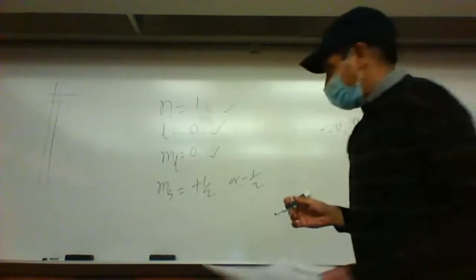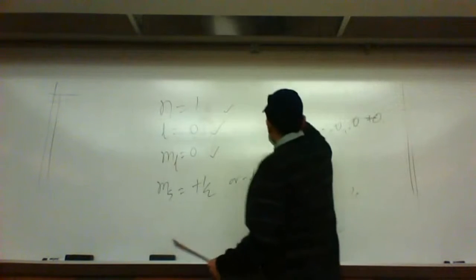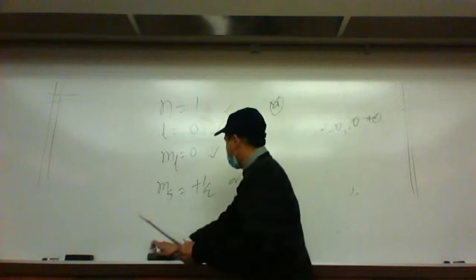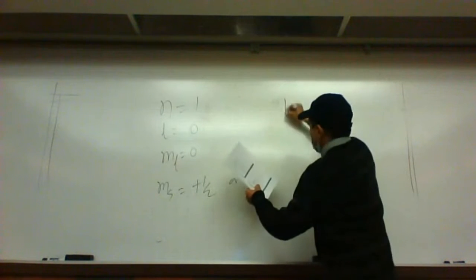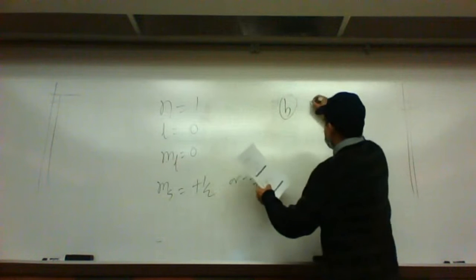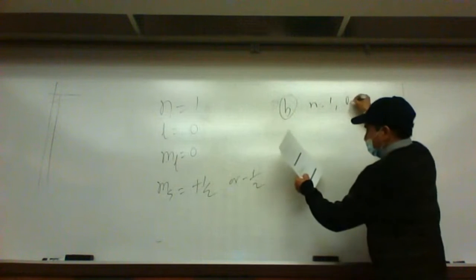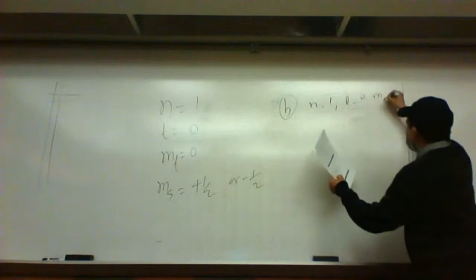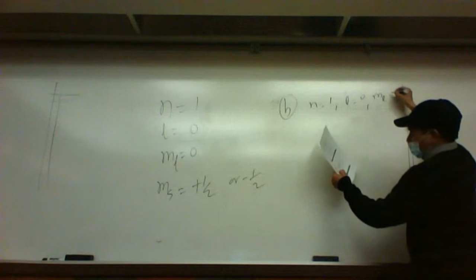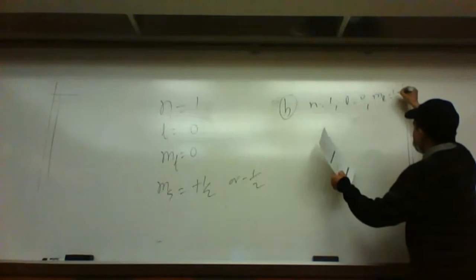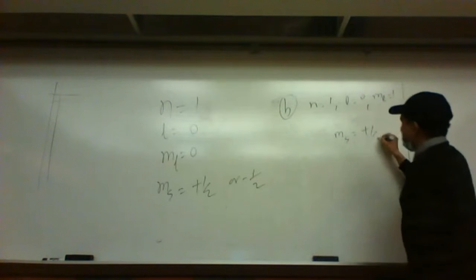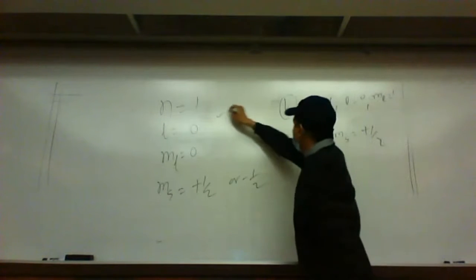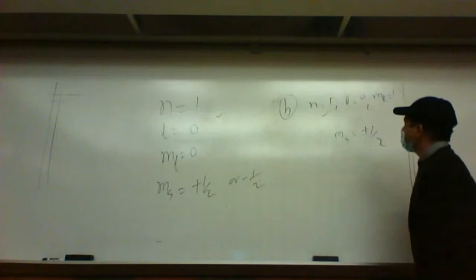So A is wrong. Now let's look at B. In B, n is equal to 1, L equals 0, ML is equal to 1, and MS is equal to plus half. Now look here: n equals 1, that's good.